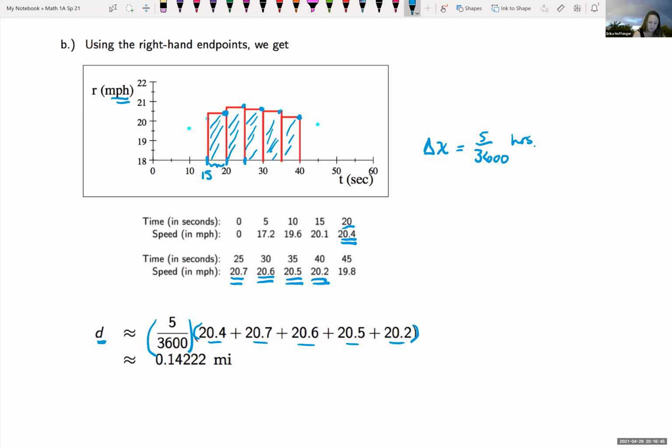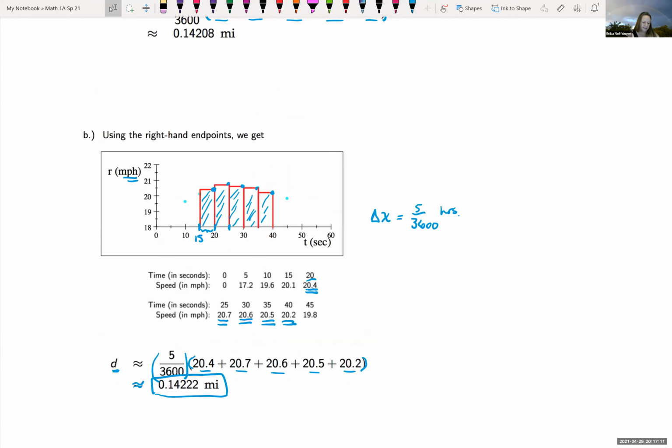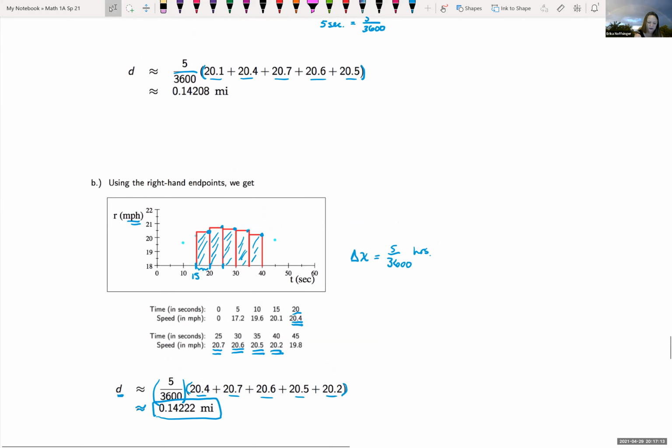And if you sum up what's inside the parentheses and multiply by that 3,600, sorry, what am I thinking? So this is approximately 0.1422 miles, which if we look at our answer before, is very similar, 0.1428.